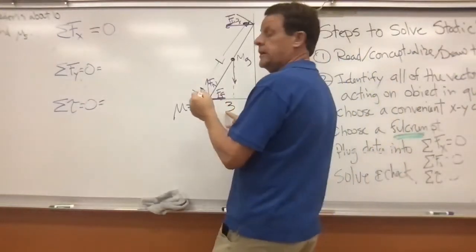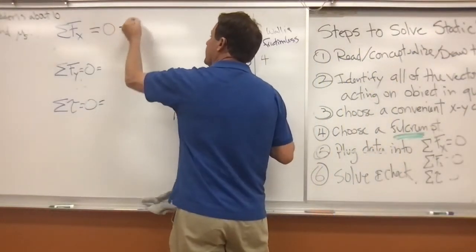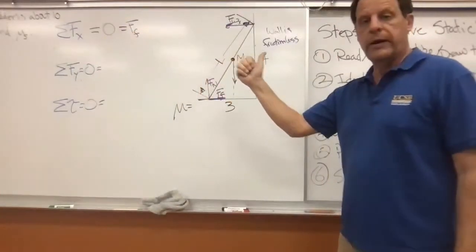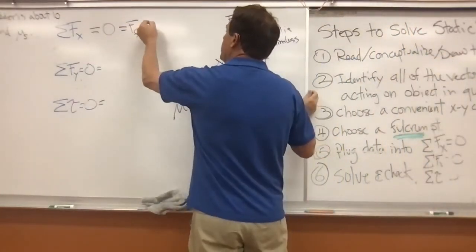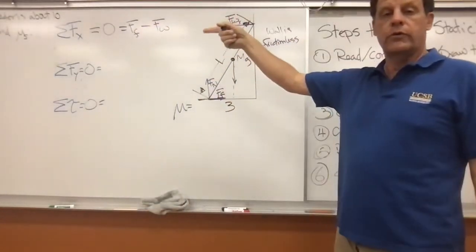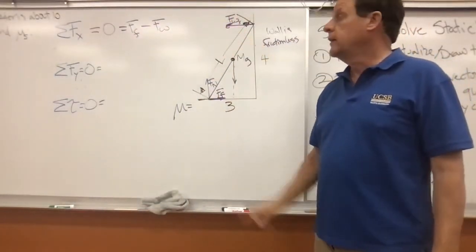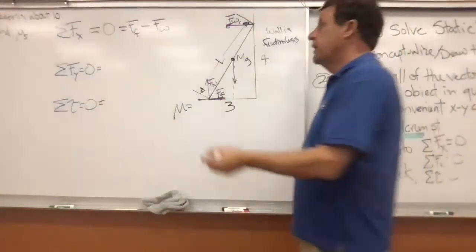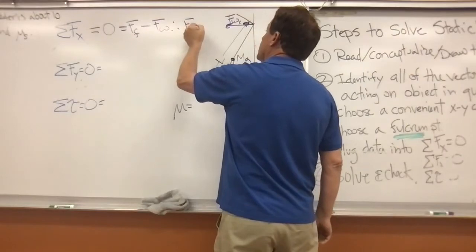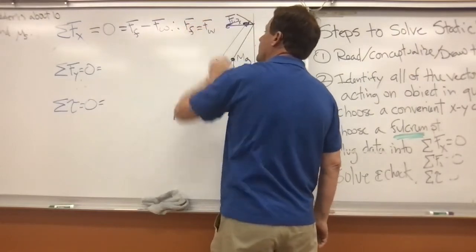So we can see down here that our force of friction to the right, and we're going to say to the right is positive, is opposed by the force of the wall going to the left, and that equals 0. Therefore, the force of friction is equal to the force of the wall.